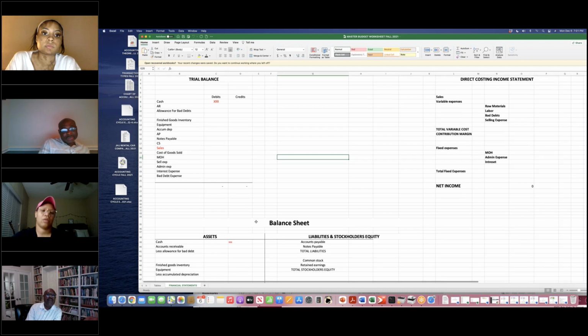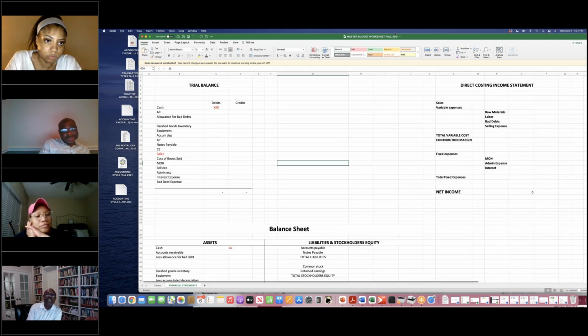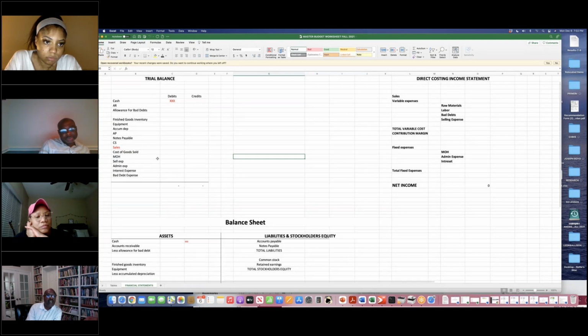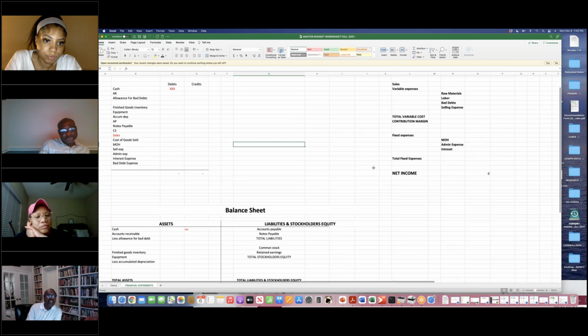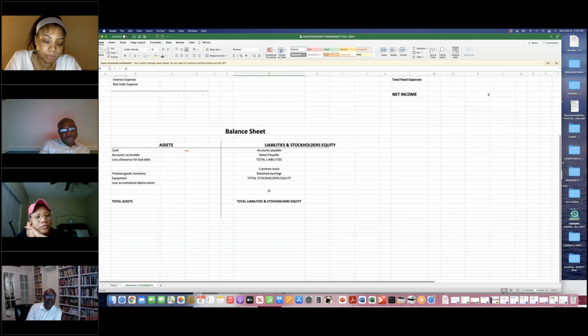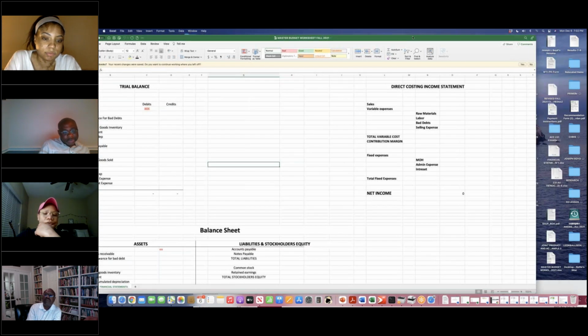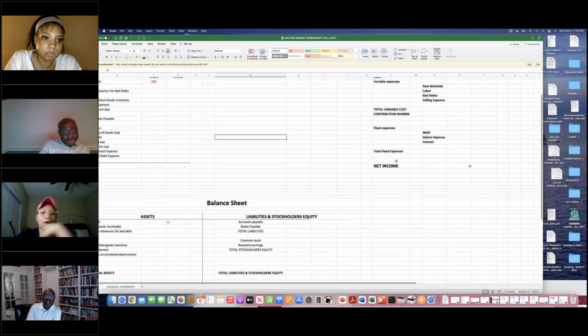Then you need to have your financial statements. Remember, you all submitted something. We have a trial balance, direct costing income statement from the trial balance and the balance sheet. And you all did that. The only issue was, you tried to pay back the loan, and I think you missed one thing on the income statement, left something out. Yes. So it's the same thing as the practice problem.